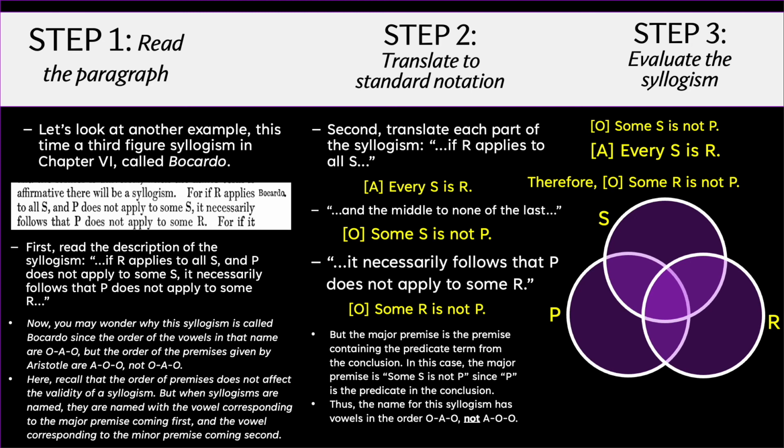And so you don't want to illustrate particular propositions first, rather you want to illustrate the universal propositions first. So let's ignore the major premise for now and move on to the minor premise, since that's a universal affirmative proposition. And we want to illustrate our universal propositions before our particular propositions if we have both in our syllogism. So let's illustrate our minor premise. We're going to be illustrating every S is R.